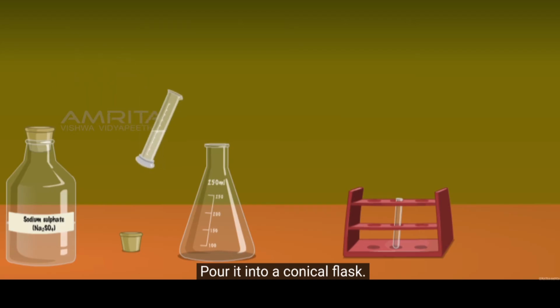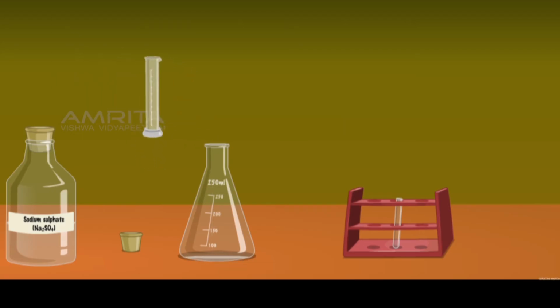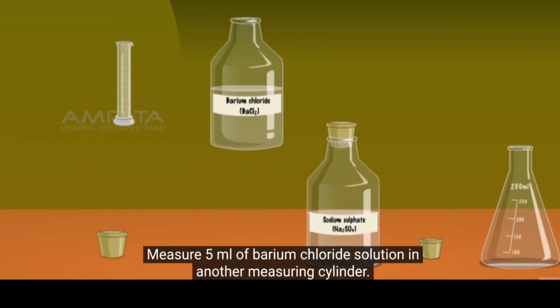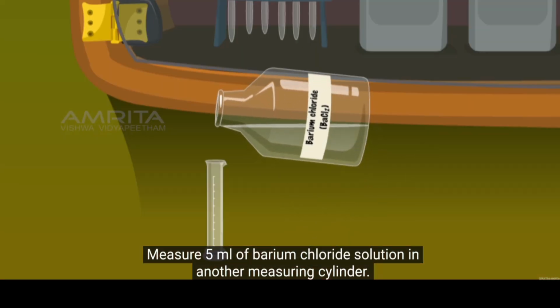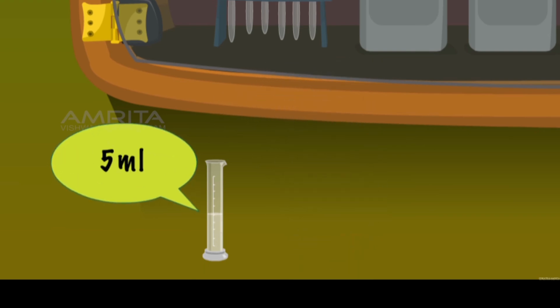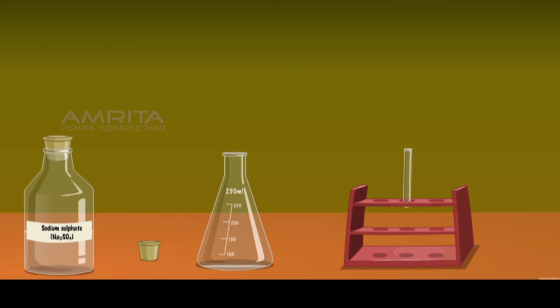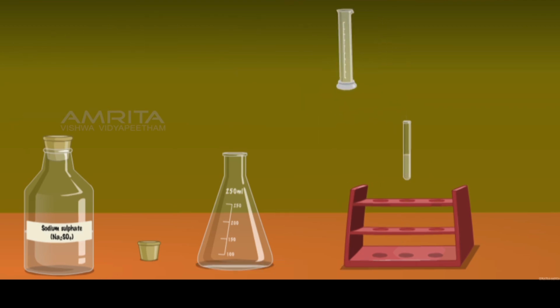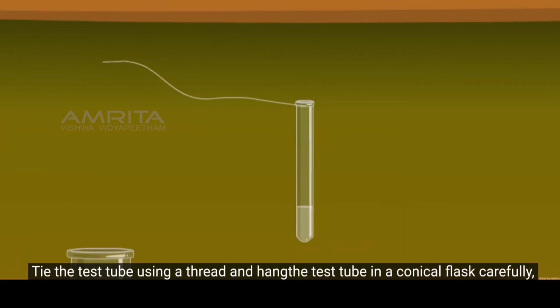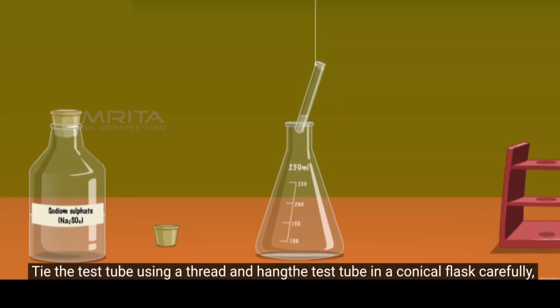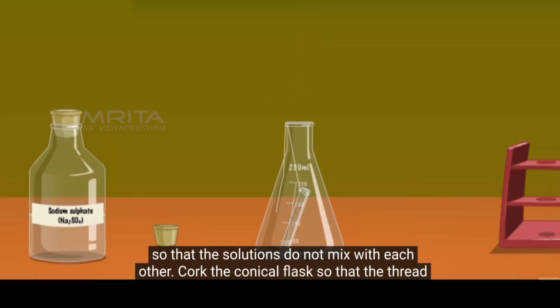Pour it into a conical flask. Measure 5 ml of barium chloride solution in another measuring cylinder. Pour it into a 10 ml test tube.